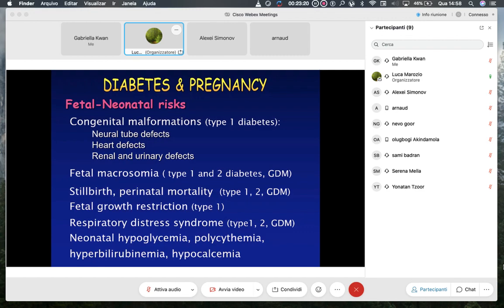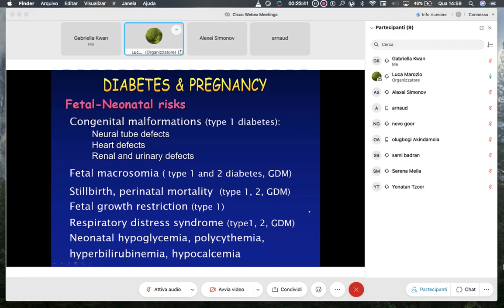So even a term baby may be at risk of RDS, which is typical of the preterm born, because diabetes may affect the surfactant production.